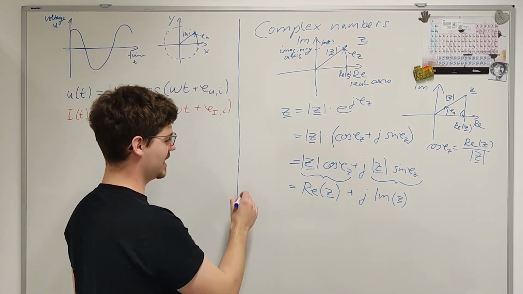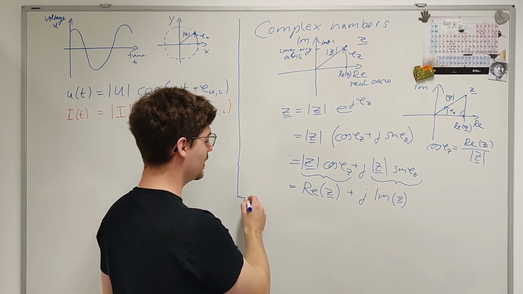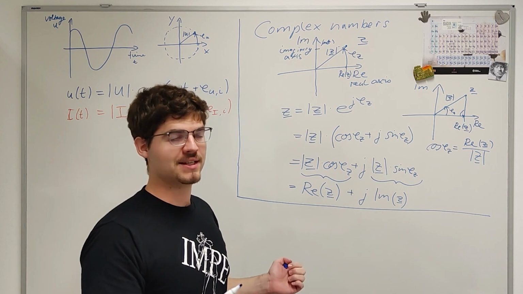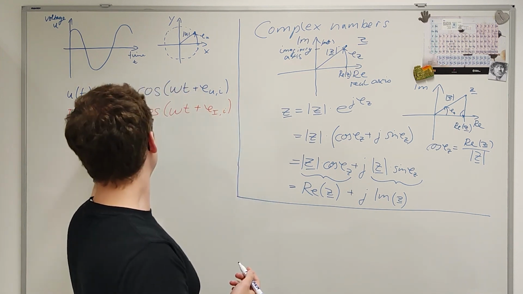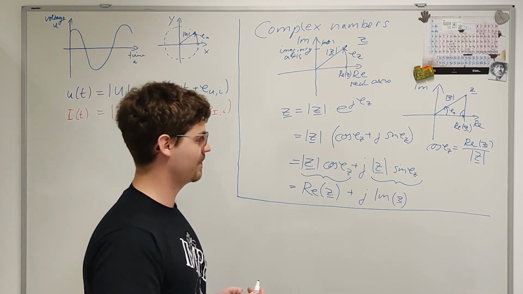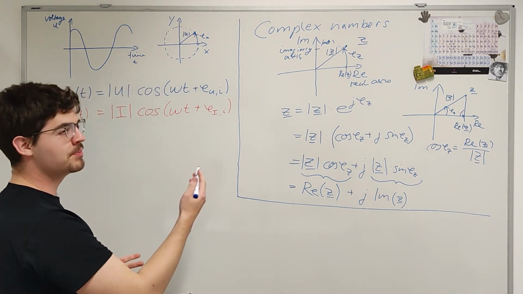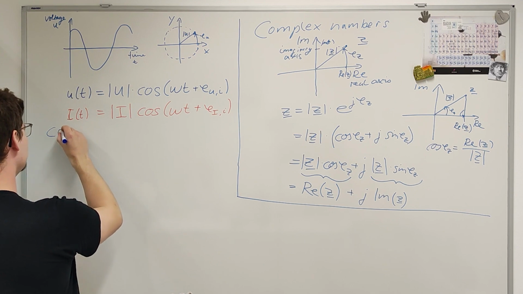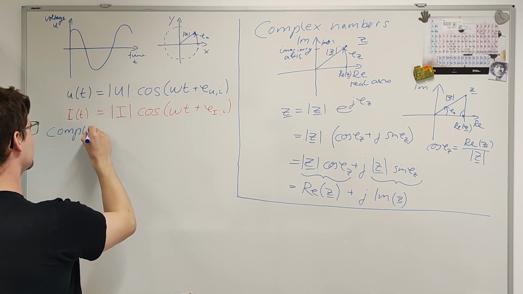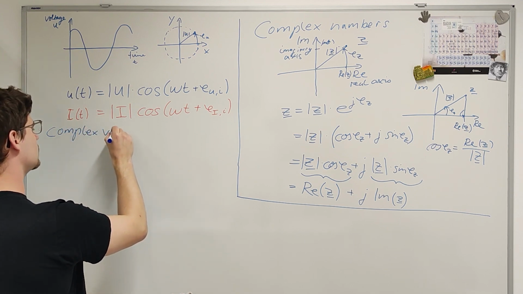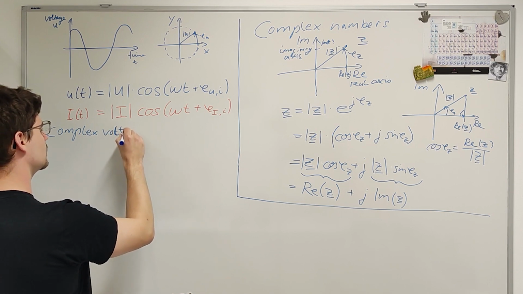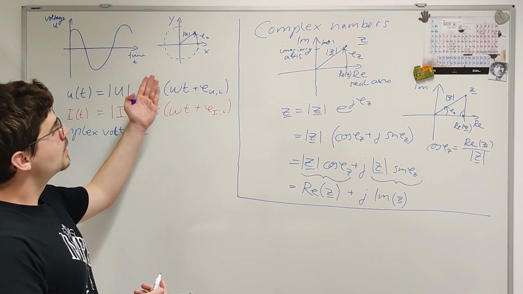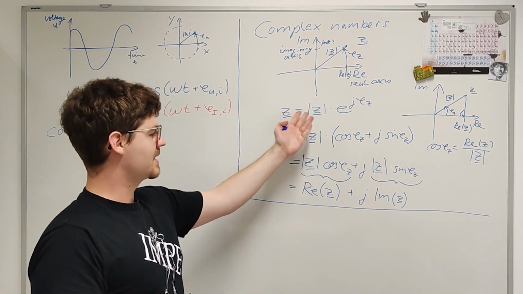Now, with this mathematical background in mind, let us move to how we can apply this kind of representation to our voltage and current waveforms. Let us apply it first to the complex voltage. Let us begin with this kind of representation.